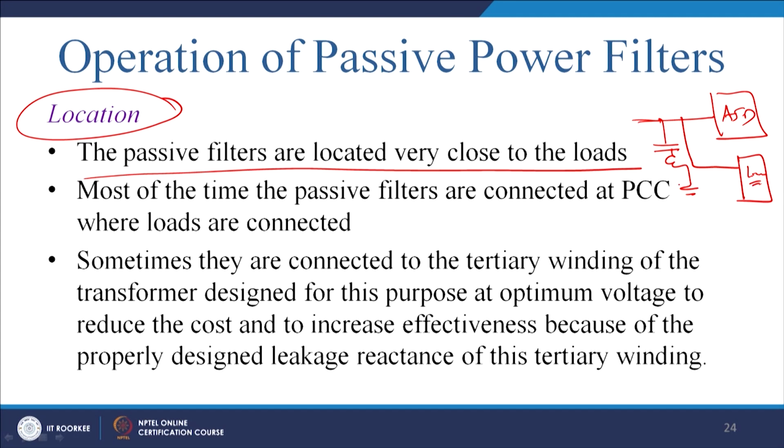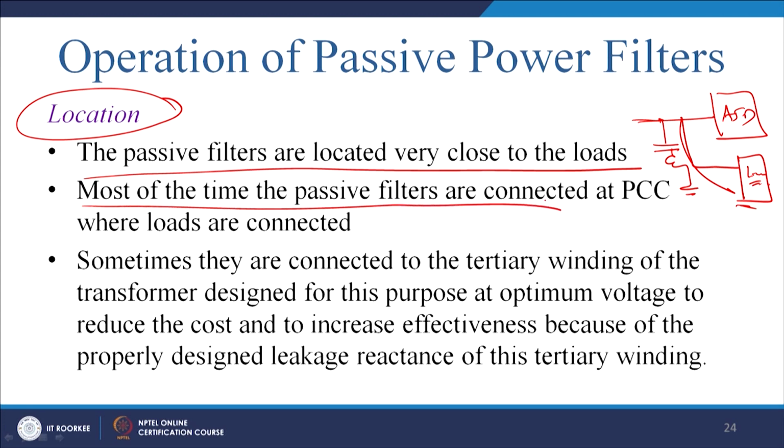Then what happens, this fifth harmonic which is sinking here will also flow. So, it will interact with this linear load. For this reason we say that most of the time passive filters are connected close to the load.